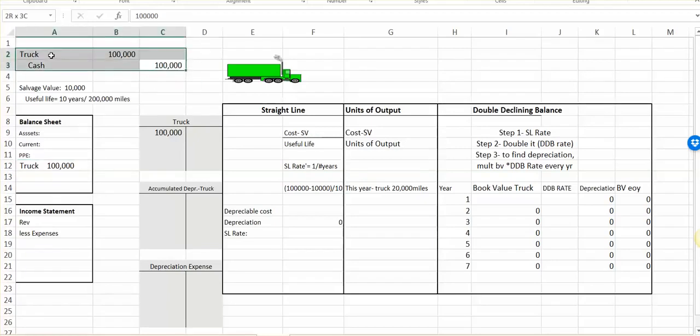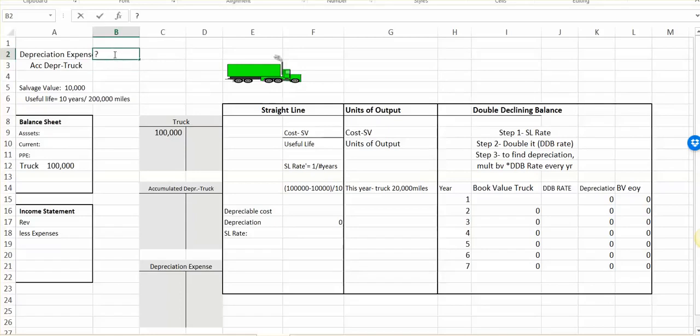Now, if you remember from the previous chapter on adjusting entries, the adjusting entry for depreciation is a debit to depreciation expense and a credit to accumulated depreciation, and then dash whatever asset it was that was depreciated, and that would be for a certain amount.